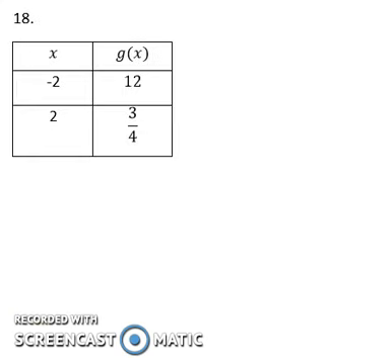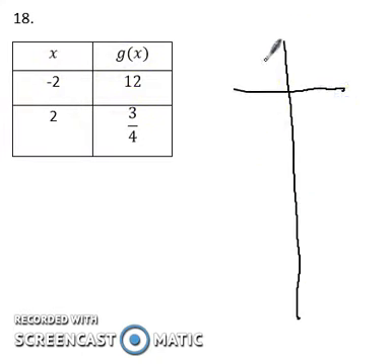Okay, so for our next function, it's an exponential function that we're trying to find, and we're going to label it as growth or decay. The thing that's difficult about this one is we're jumping from -2 to +2. I can't see incrementally what we're going up by each time.